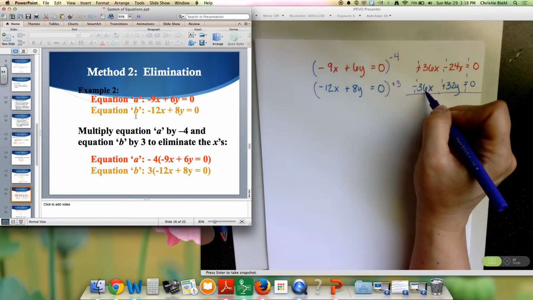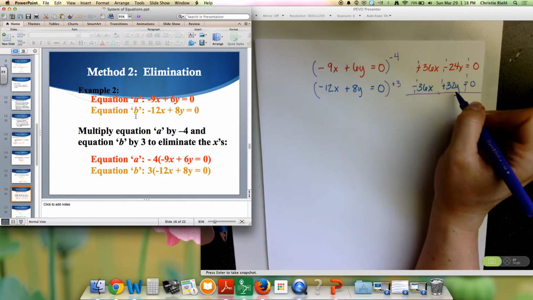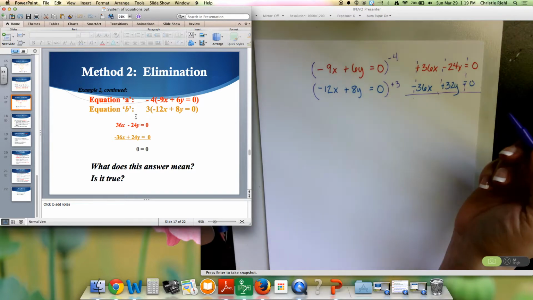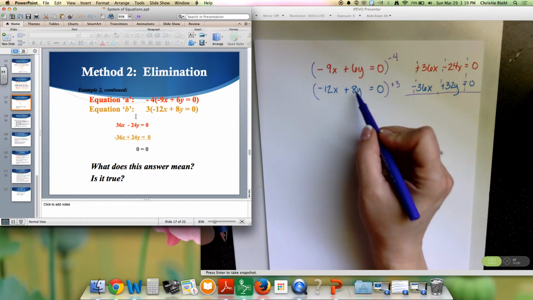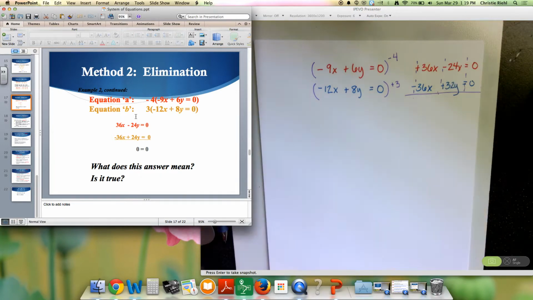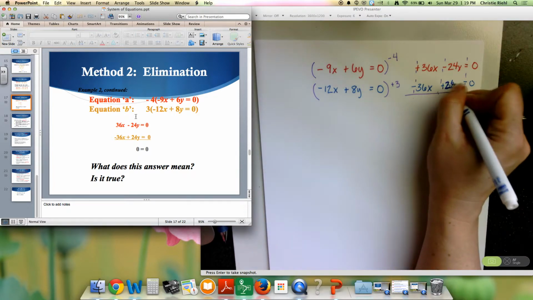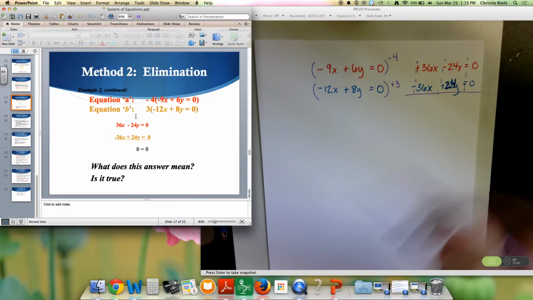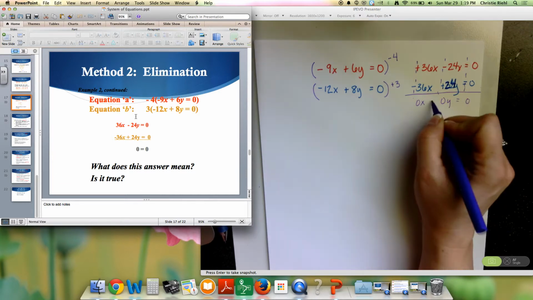Positive 36 and negative 36 is a 0x. A negative 24y and positive 24y, sorry, 3 times 8 is 24, is 0y. So we just had our x's and our y's cancel and we got 0.